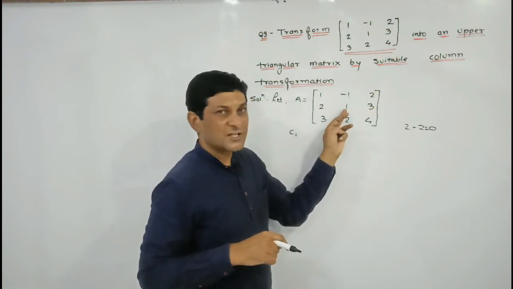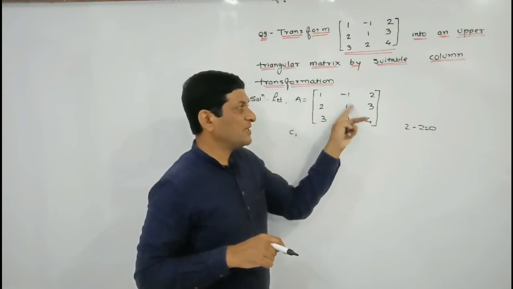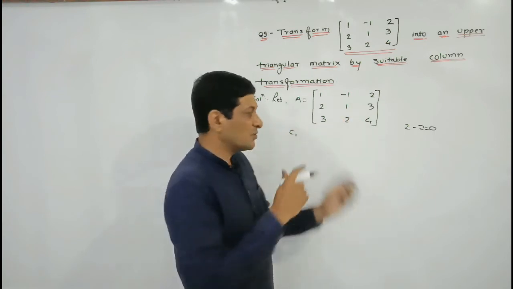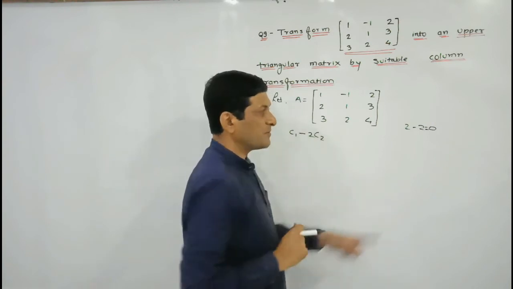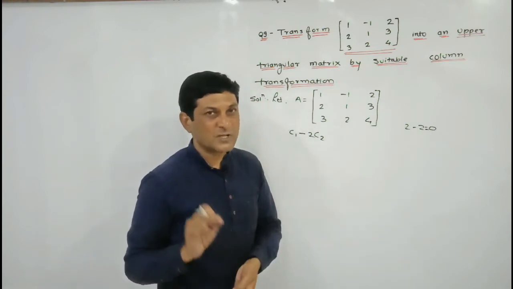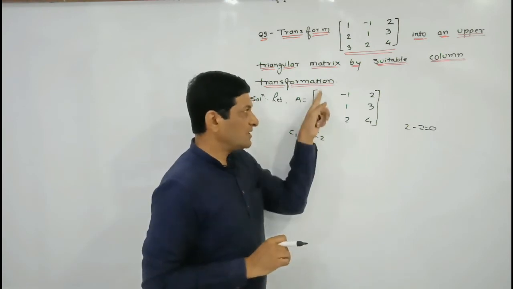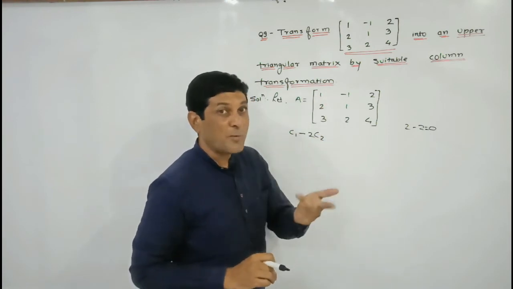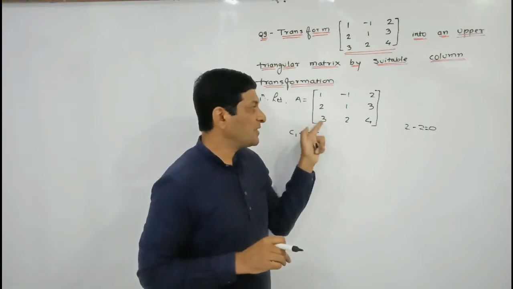If we multiply C2 by 2, we are able to get 2 here, and later on we have to take subtraction to get 0. Means if we perform this operation on C1, we will get 0. Now we are not able to perform 2 operations parallelly on C1, so later on we will see how to get 0 here.